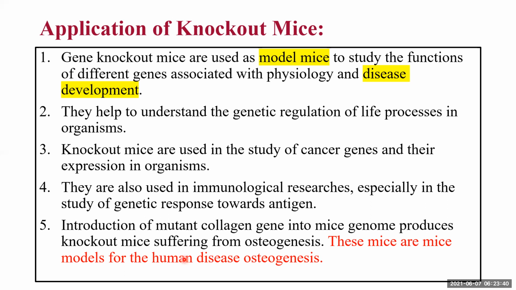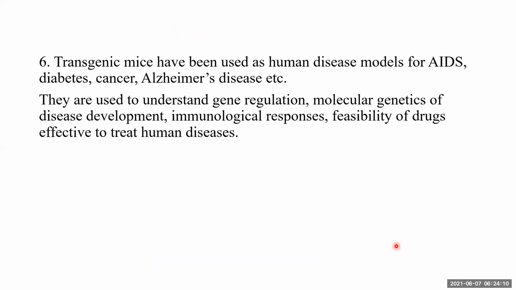Knockout mice serve as model mice to study different genetic disorders, different diseases, and how genetic regulation takes place, right? If you introduce a mutant collagen gene in mice, it will produce knockout mice which suffer from osteogenesis, and they serve as a model for studying the human disease.